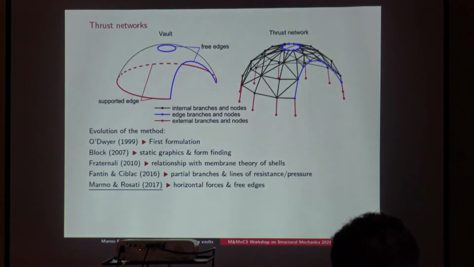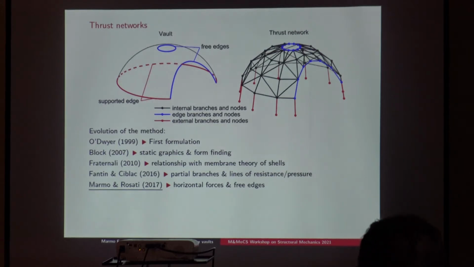So a generalization to the two-dimensional structures, which are the vaults, is the so-called thrust network analysis. So instead of finding just a funicular polygon of the applied loads on the structure, we are looking for a funicular network of forces inside the structure.